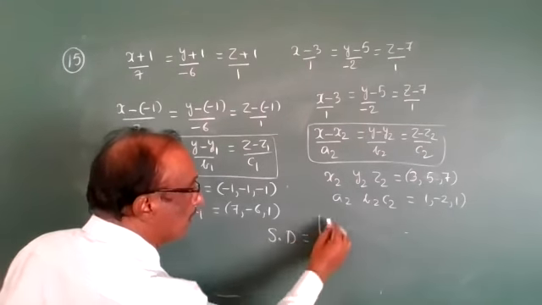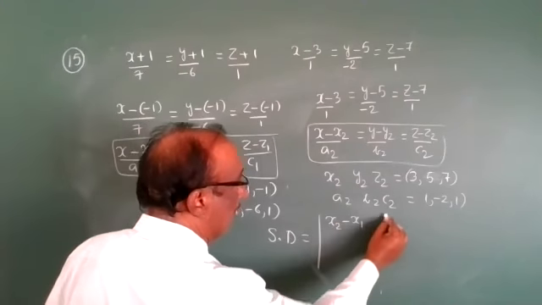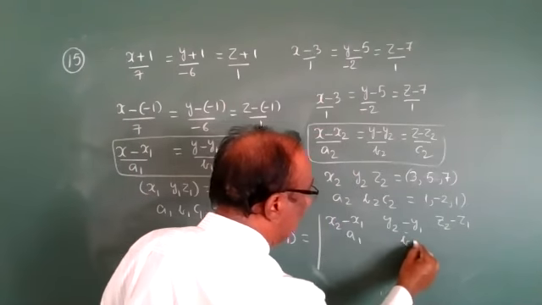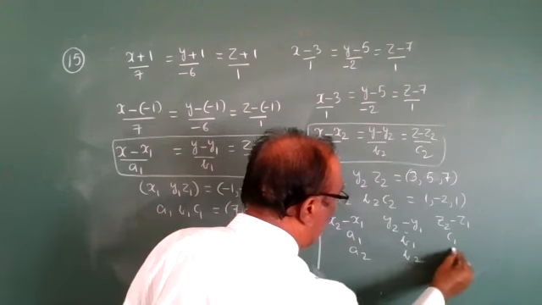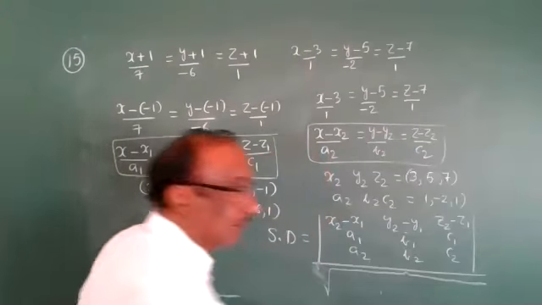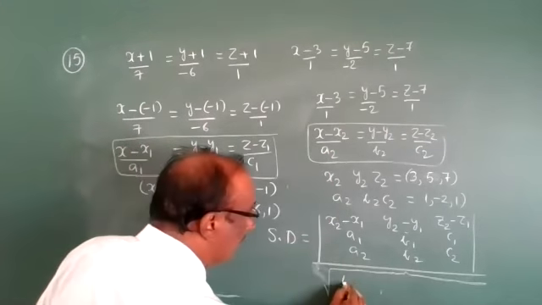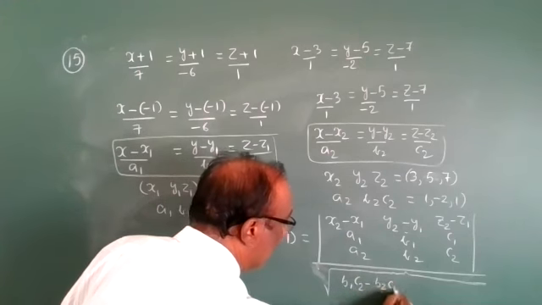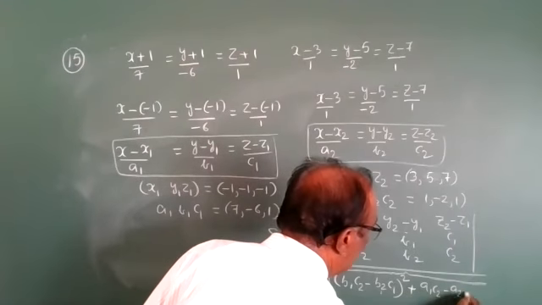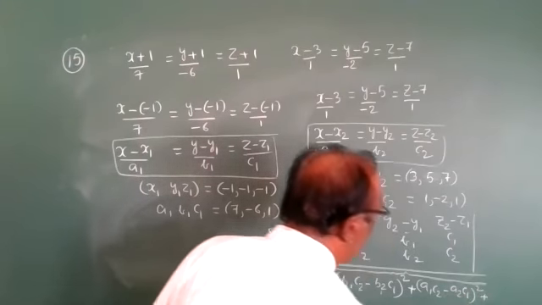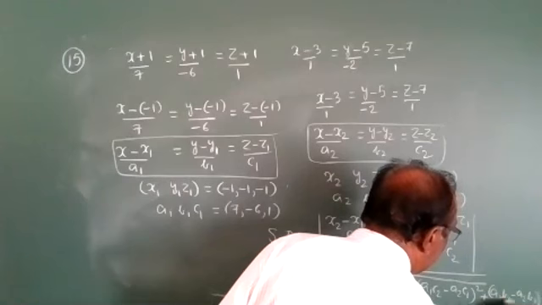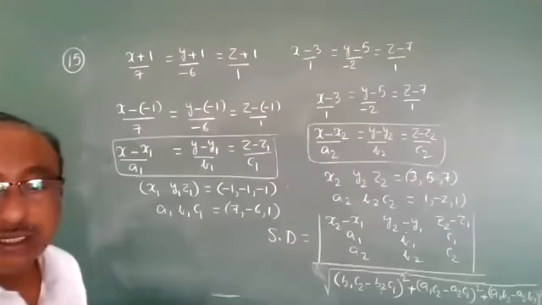You should write it down and substitute: the determinant of x2 minus x1, y2 minus y1, z2 minus z1, then a1, b1, c1, a2, b2, c2, over the denominator, the square root of (b1c2 minus b2c1) whole squared plus (a1c2 minus a2c1) whole squared, plus the third one, (a1b2 minus a2b1) whole squared. Substitute all the points and we get the required answer. We have to complete that one.